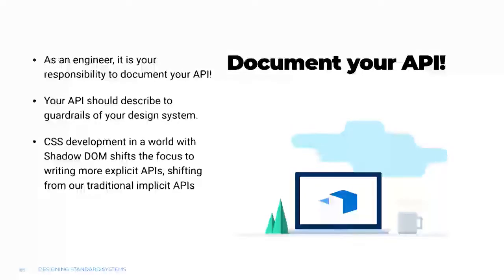And then CSS development in a world with Shadow DOM, touching on the first point, we're actually going to be shifting our focus to writing more explicit APIs, away from the world that we lived in, working with implicit APIs. So what I mean by that is now it's on us to have that control of how people use our stuff, right? So it's going to start being this mind shift of how we have to look at the web if we think about working in web components.